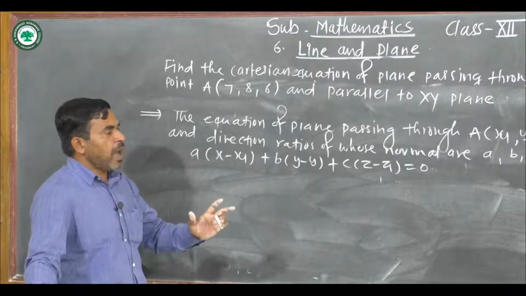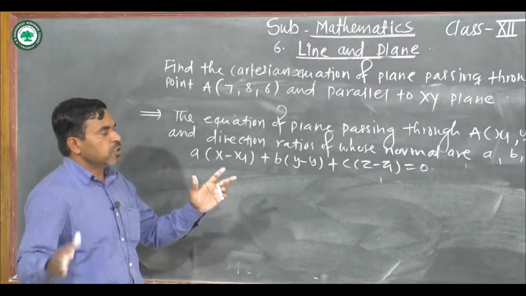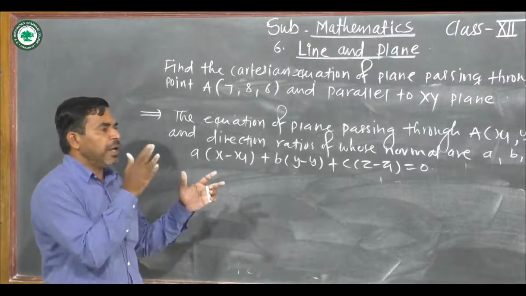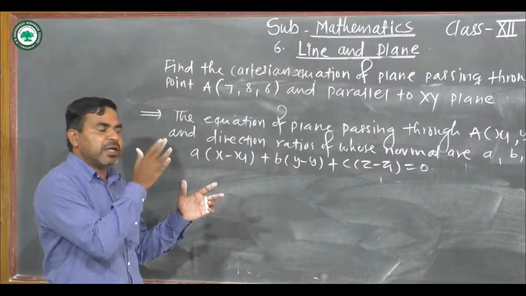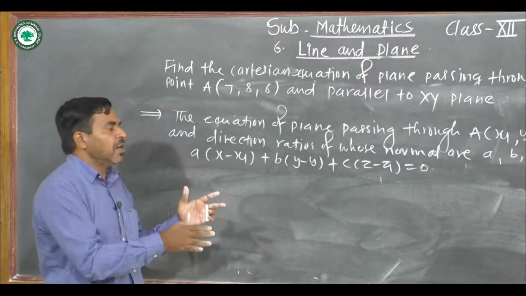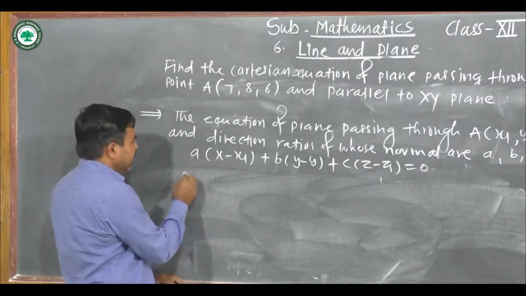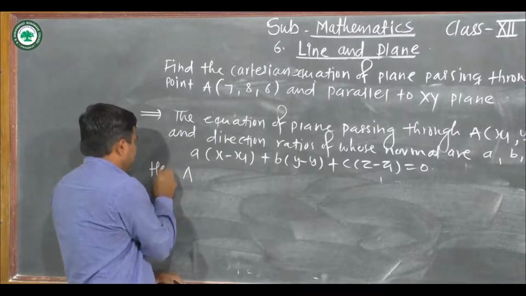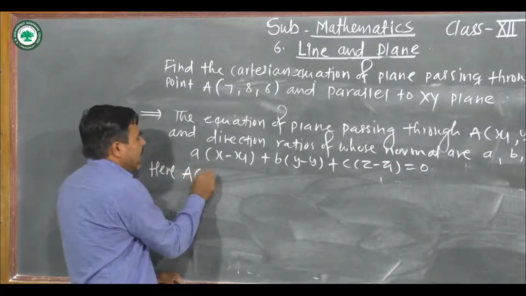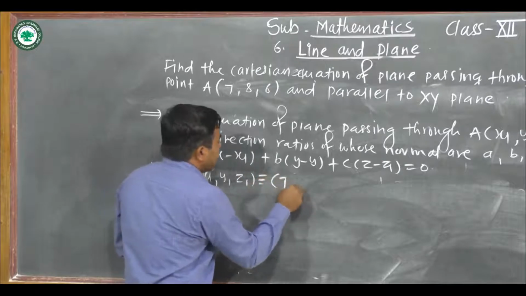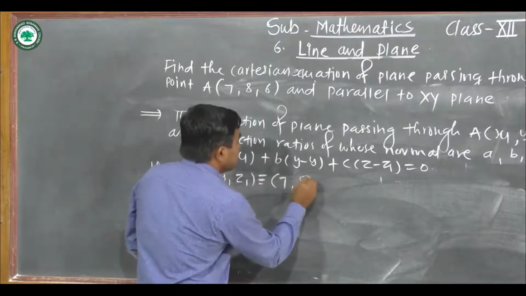So the plane is parallel to the XY plane, so the Z axis is perpendicular to the plane. So the normal to the plane is the Z axis. So the direction ratios of the normal are 0, 0, 1. So we only have to write it here. Here x1, y1, z1 is 7, 8, 6.